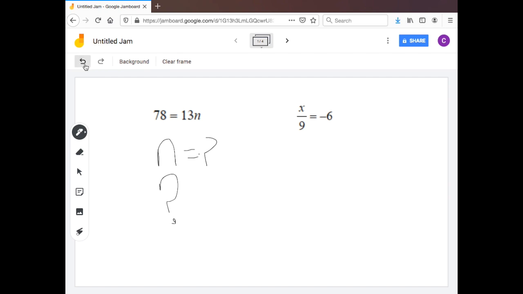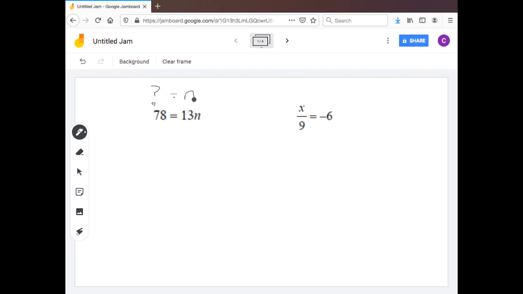Different problems are going to need different approaches. So for this problem, 78 is equal to 13n, you have to look at what they're giving you. You know that your answer at the end is going to look something like a number is equal to n. So first you have to think about operations.